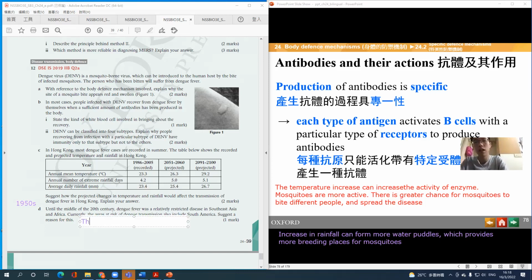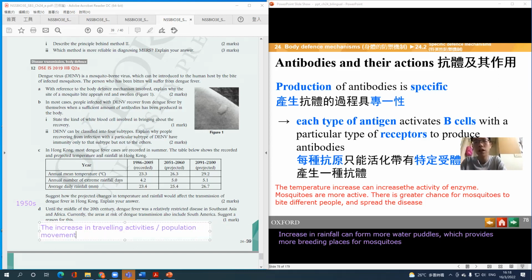Why? Because of the increase in traveling activities, or people movement, you can say.